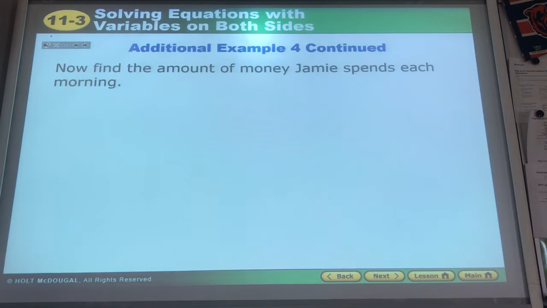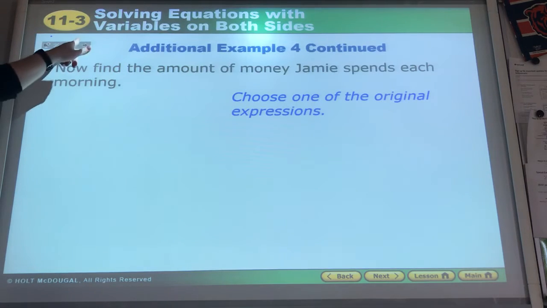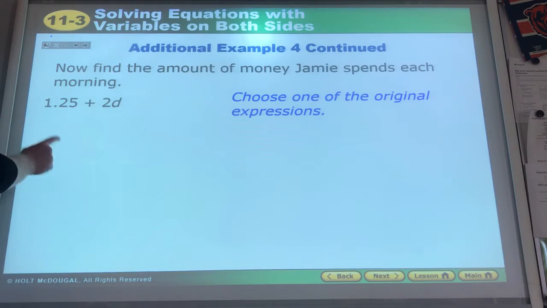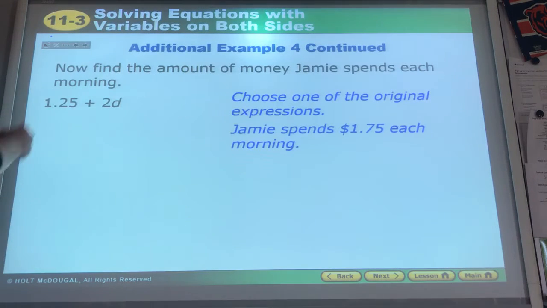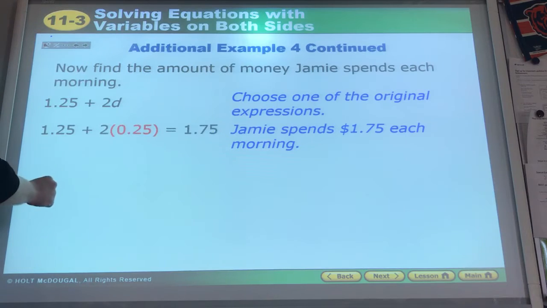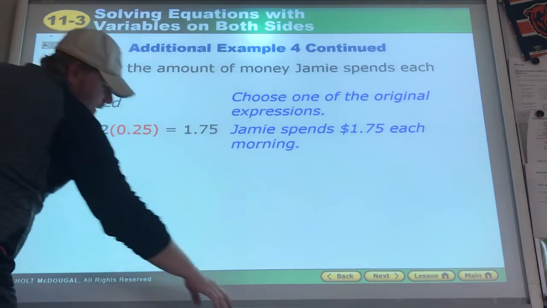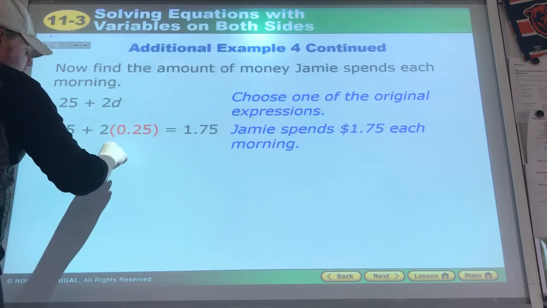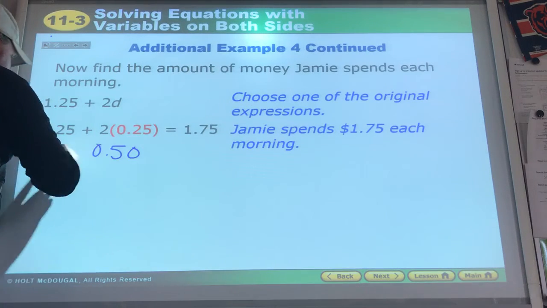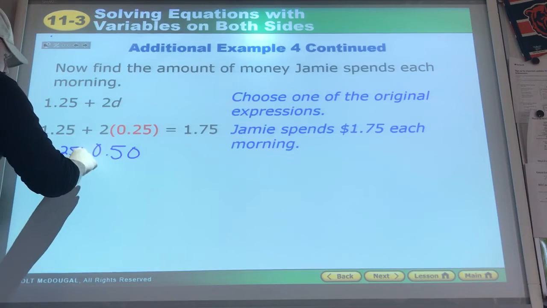Now it's important to find out how much money he spends each day, because then we can figure out how many donuts he bought on Tuesday when he only bought donuts. Okay? So he chooses one of the original expressions. It doesn't matter which one. You could choose this one. And we put in the price of the donuts. He spent 50 cents on donuts and $1.25 on papers.